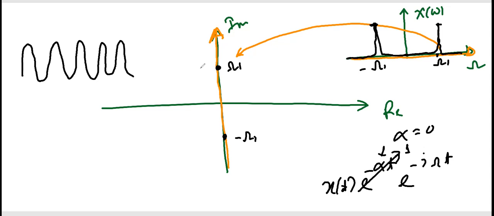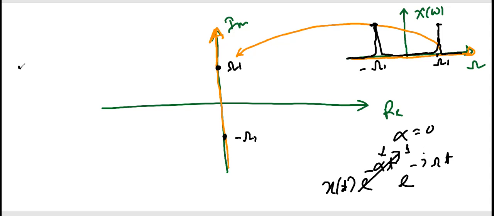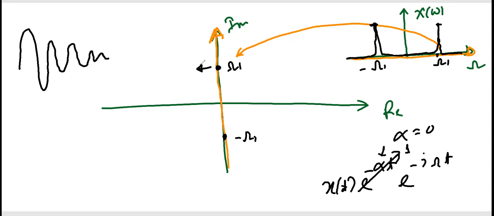Now if we want to target a decaying signal, which direction do we need to move? We need to move to the left, because in that case the value of alpha is negative, and that makes it positive.